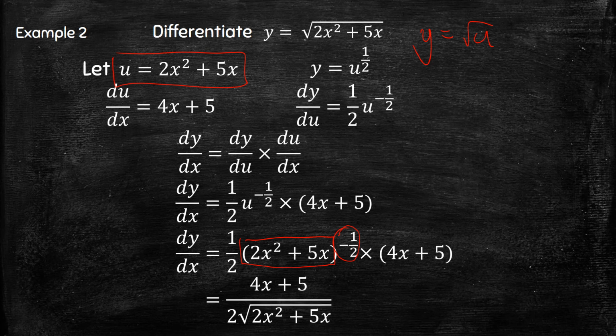So this is on the top line because it's not to the power of negative anything. It stays with the 1 here. This 2 stays on the bottom, and because of the negative a half there, that goes back to the bottom line, and it becomes the square root of it. And that's using the chain rule.